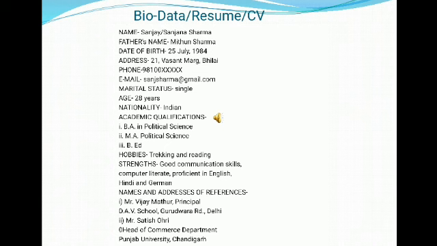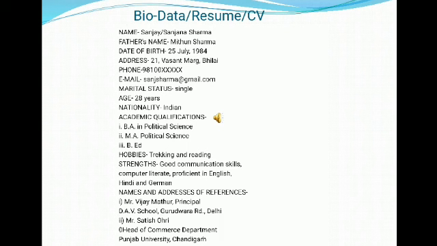So this is just for reference purposes. At least two names should be mentioned with the designation and with the address. First name, that's Mr. Vijay Mathur, principal, and then the second name, Mr. Satish Ohri, head of commerce department, Punjab University, Chandigarh. So these two names related to the reference or acquaintance of the applicant are mentioned.